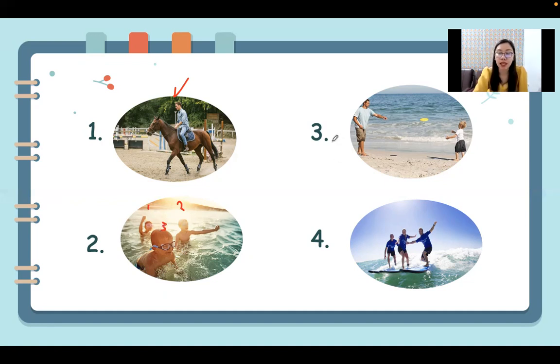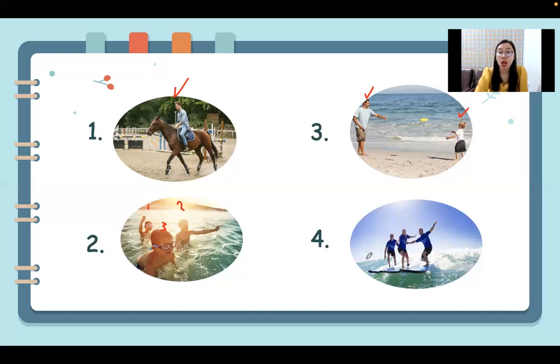And then number 3, how many people are there in the picture? 1 and 2. So is it has or have? And they are playing frisbee. So what is the past participle of play?